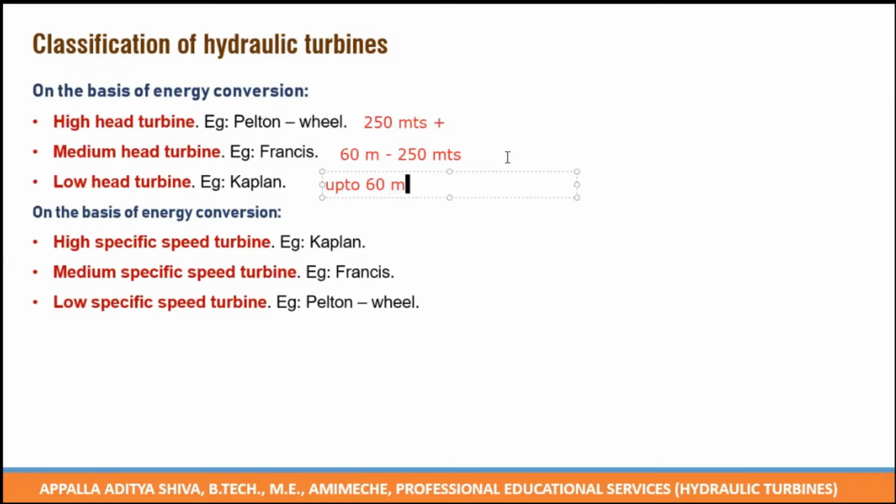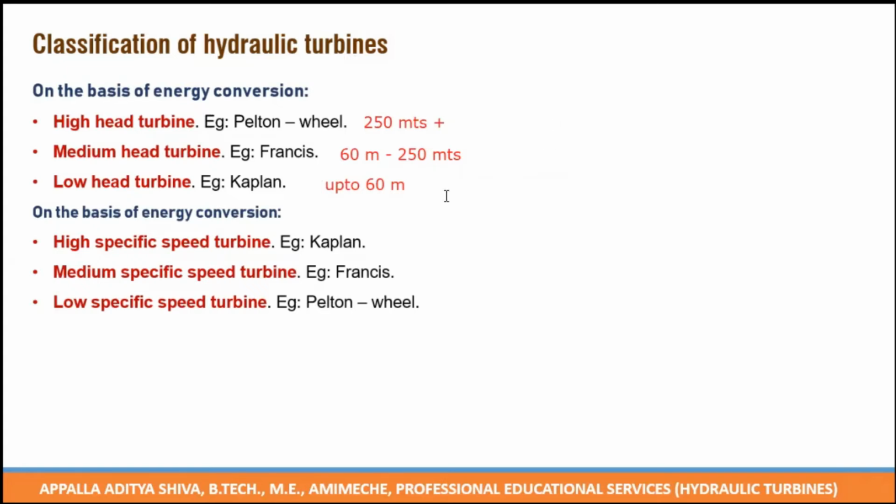Now, lastly, we have specific speed. Specific speed of a turbine is a characteristic speed that relates the rotational speed, the power generated by the turbine, and the head operated by the turbine.